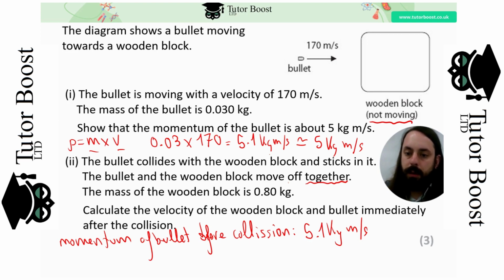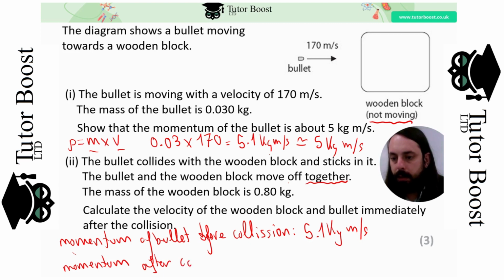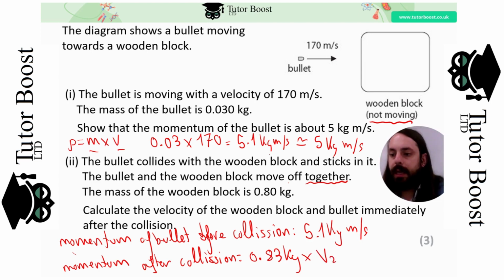Now I'm going to write that momentum of the system after the collision. So I'm saying system because the bullet is now traveling with a wooden block. So you need to add both masses. Momentum after collision is equal to 0.83 kg times V2, which is what we're trying to calculate, right?